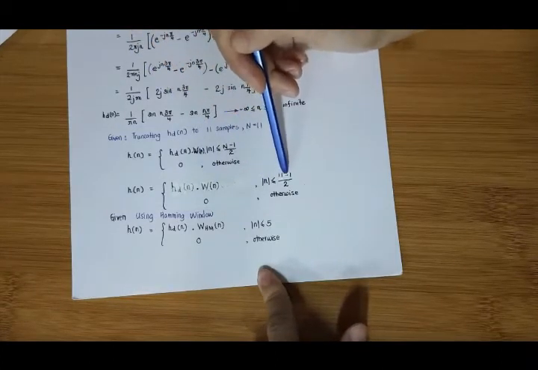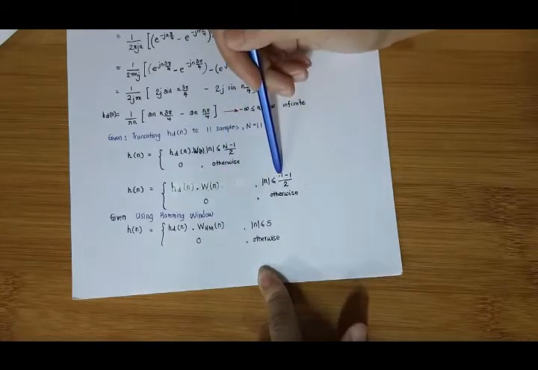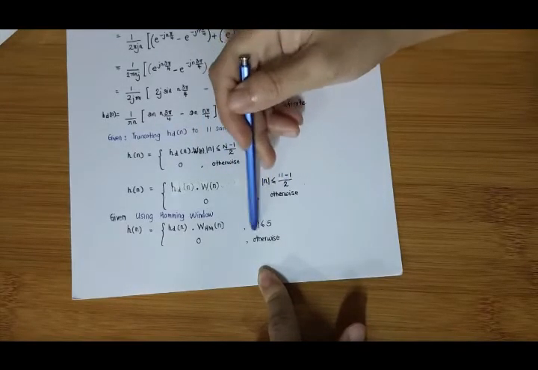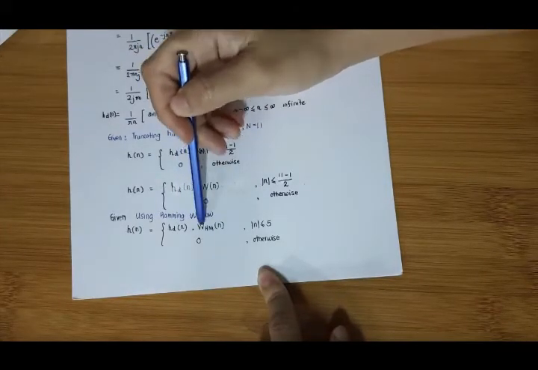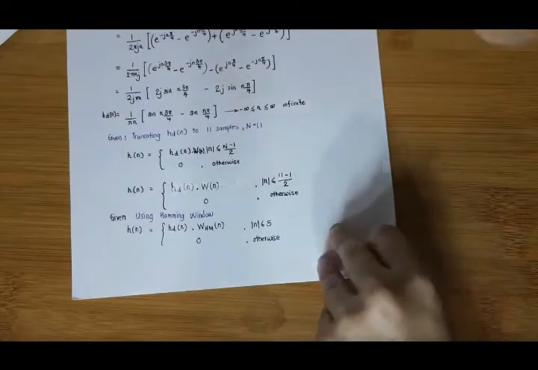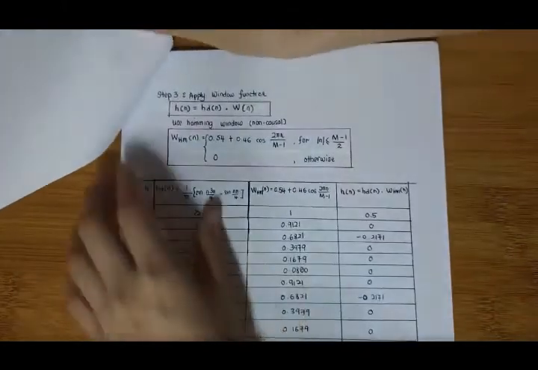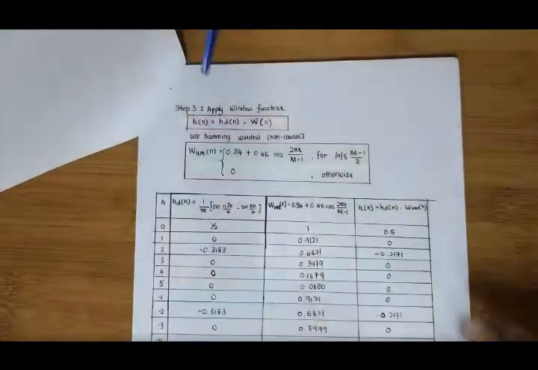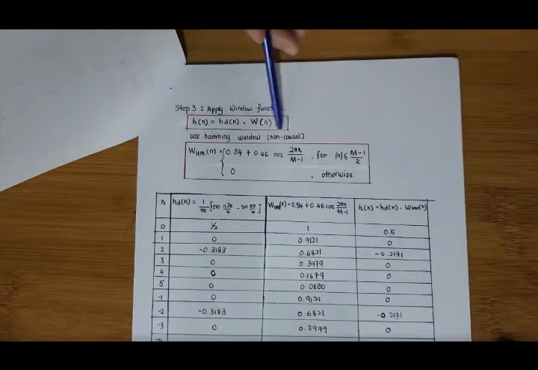Our M minus 1 divided by 2. So in this question M is 11, so minus 1 divided by 2, we get 5. Now in this question, we are using the Hamming window. Now we have to look back at our question. This one is our Hamming window formula for non-causal.